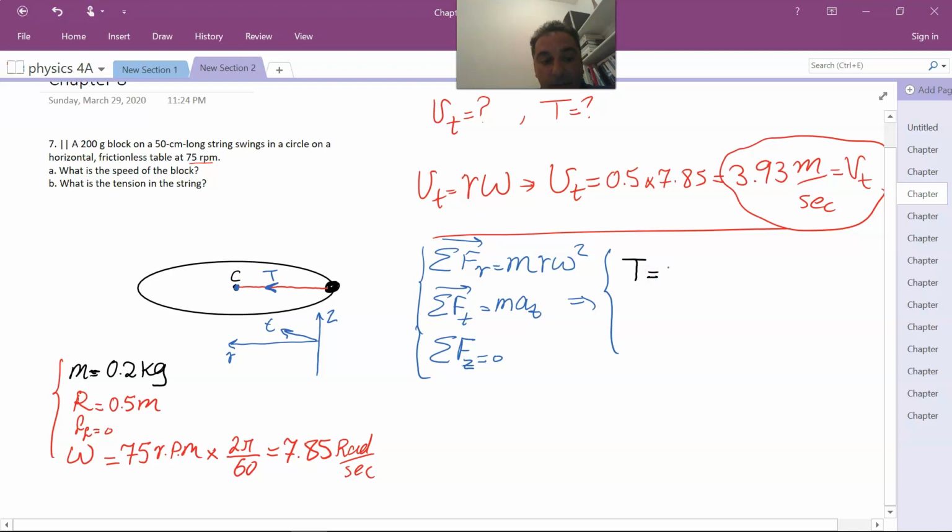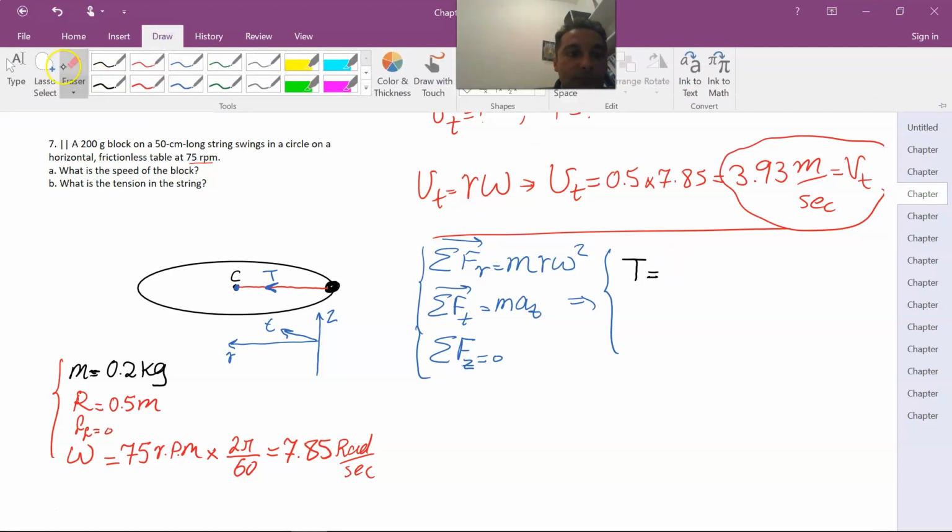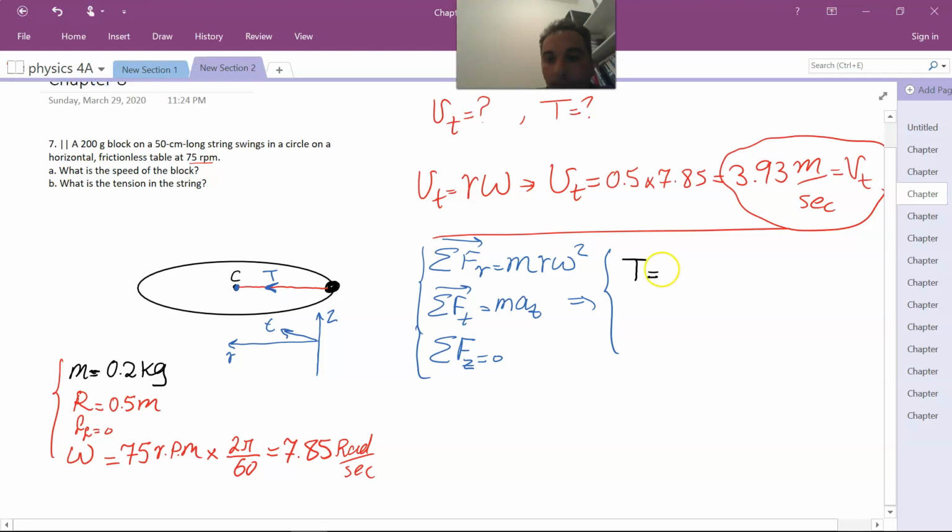So tension is equal to m, which is 0.2, times the radius, 0.5, times omega, 7.85, to the power of 2.